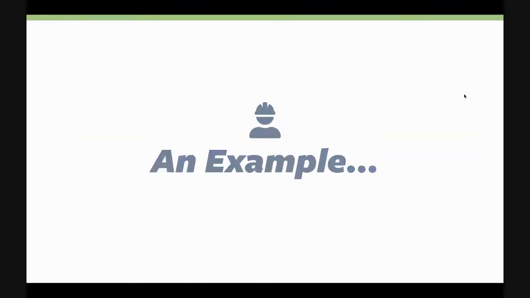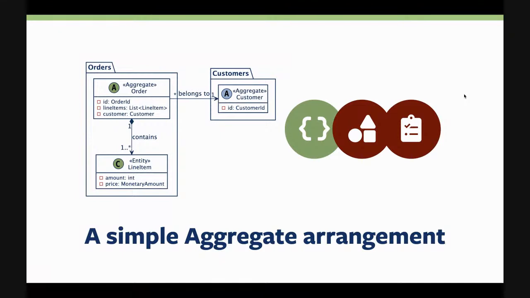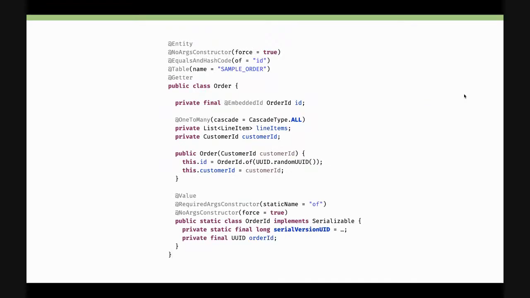Let's take the example again, that aggregate arrangement, and start with the topic of expressive code. This is what a classical implementation looks like. It's of course a bit simplified, but this is what you usually see this stuff boil down to in a code base.